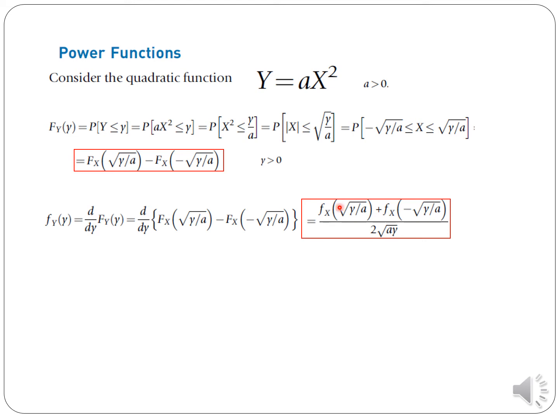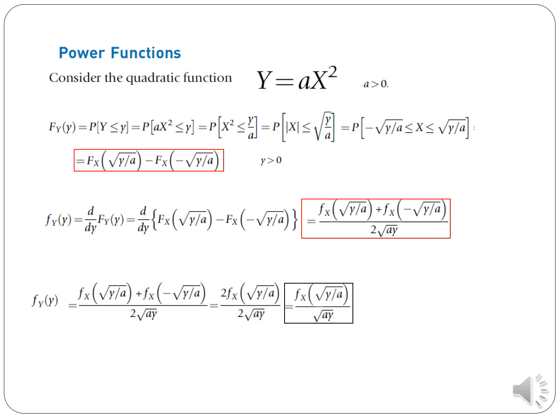Given that, what will be given? We will be given fx, and we will derive the PDF for y. In the expression of fx, we will replace the value of x with square root of y by a. Similarly, we will replace x with minus square root of y by a, etc. Now, there is an exception.